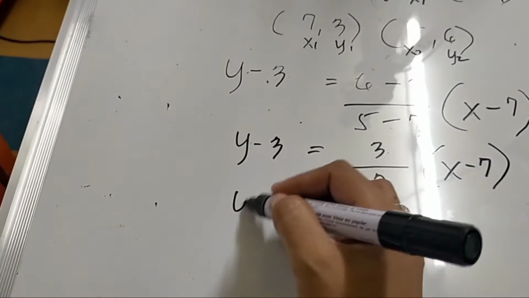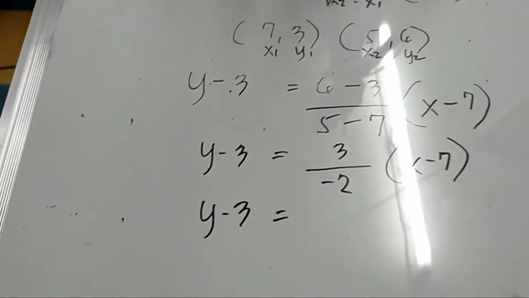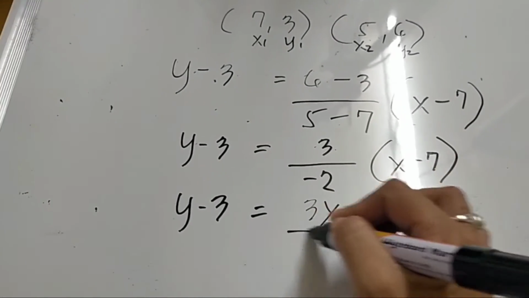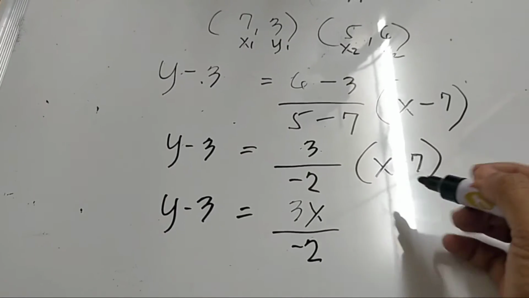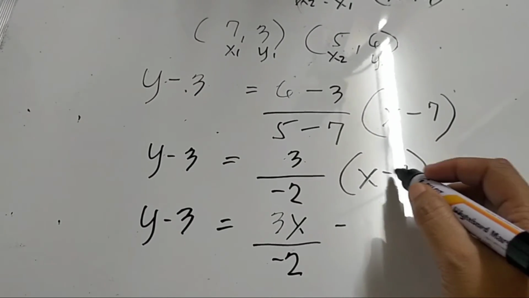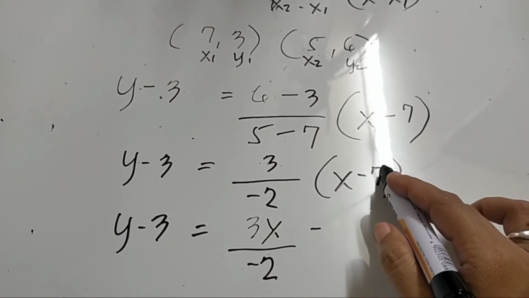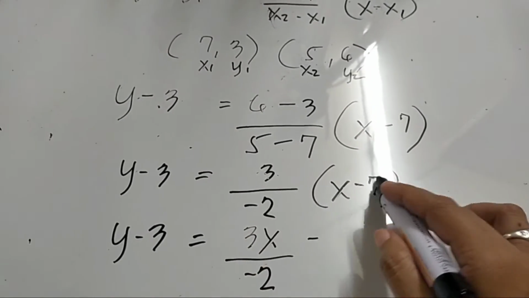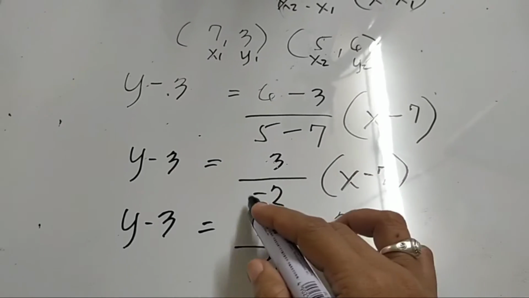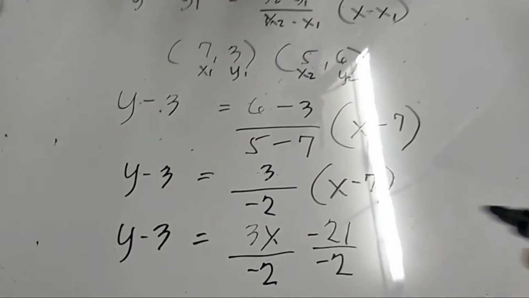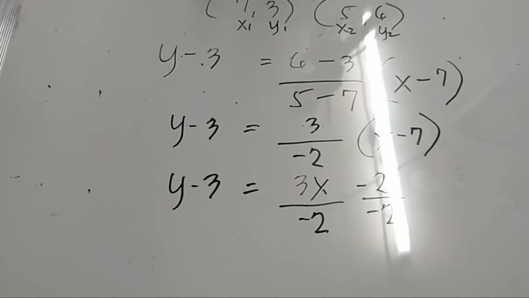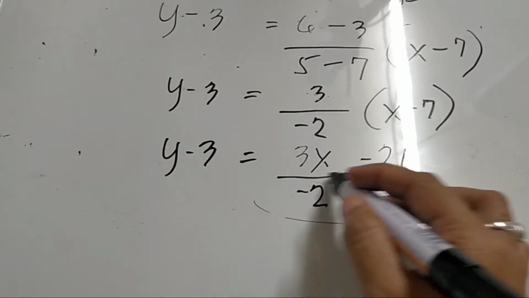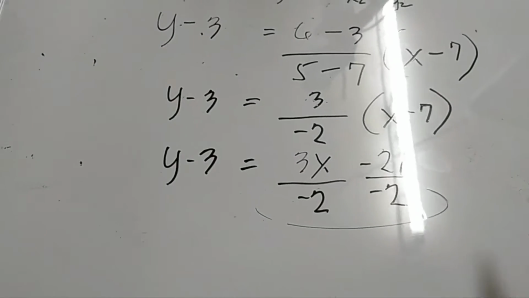Okay. Y minus 3 is equal to, distribute, class. 3 times x is 3x over negative 2, minus, okay. 3 times negative 7, I use minus first, class, because the answer is negative. So 3 times negative 7 is negative 21 over negative 2. After that, we use the common denominator of the two.